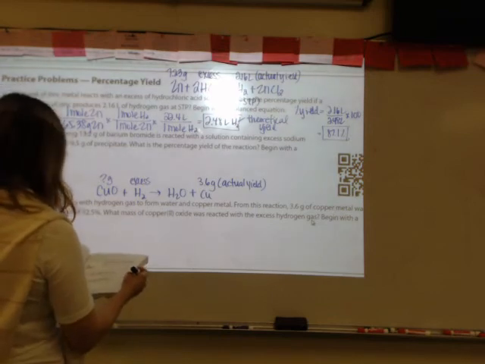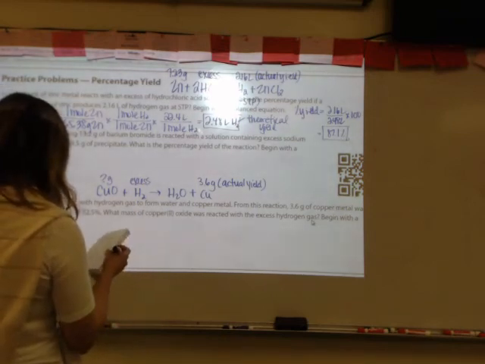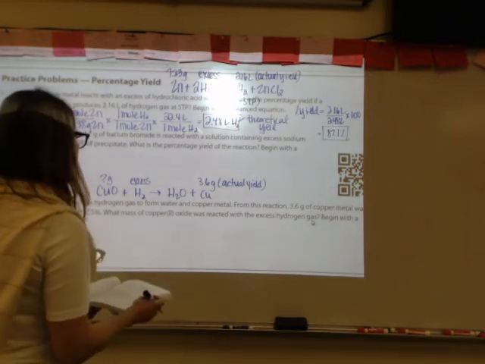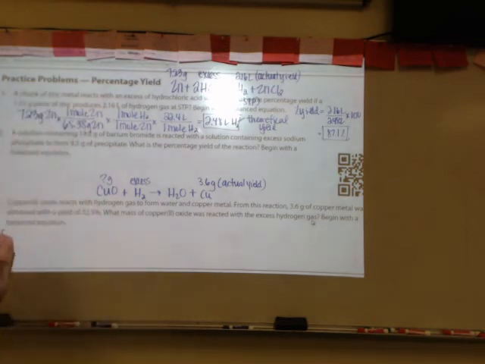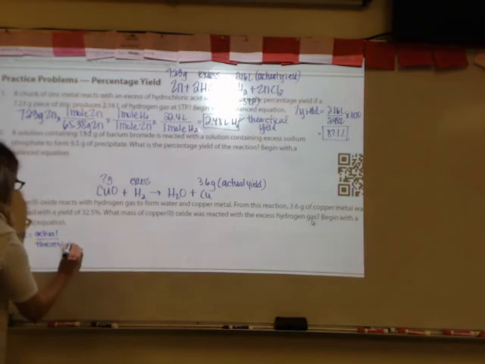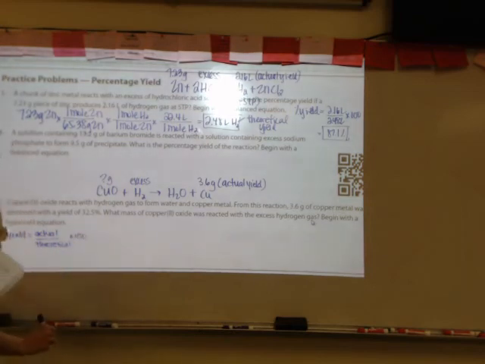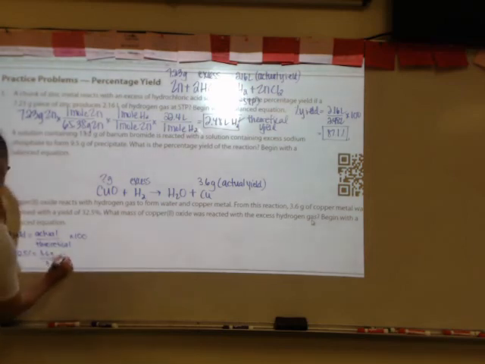So what we should do here is take a look at percent yield, which is the actual yield divided by theoretical times 100. If I was told that my percent yield is 32.5%, then 32.5% is equal to 3.6 grams over X, which is what I need to solve for, times 100.